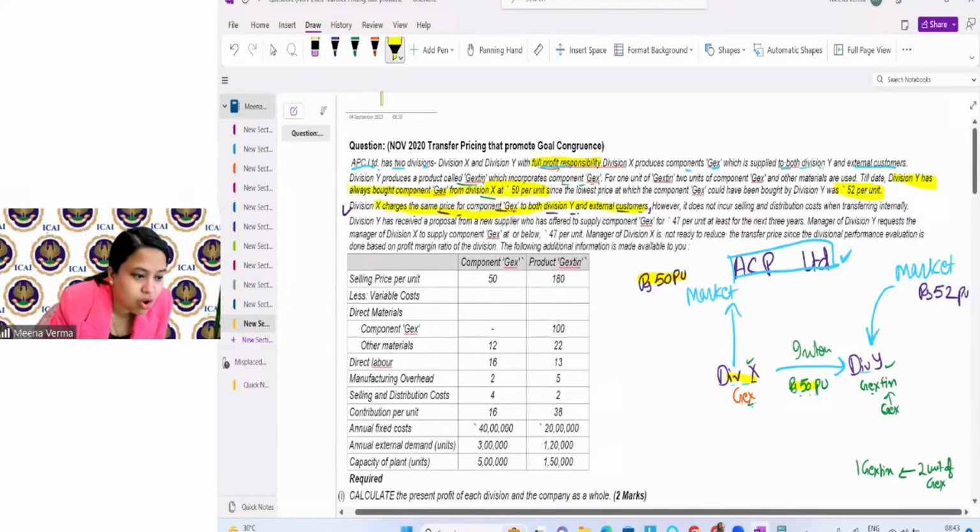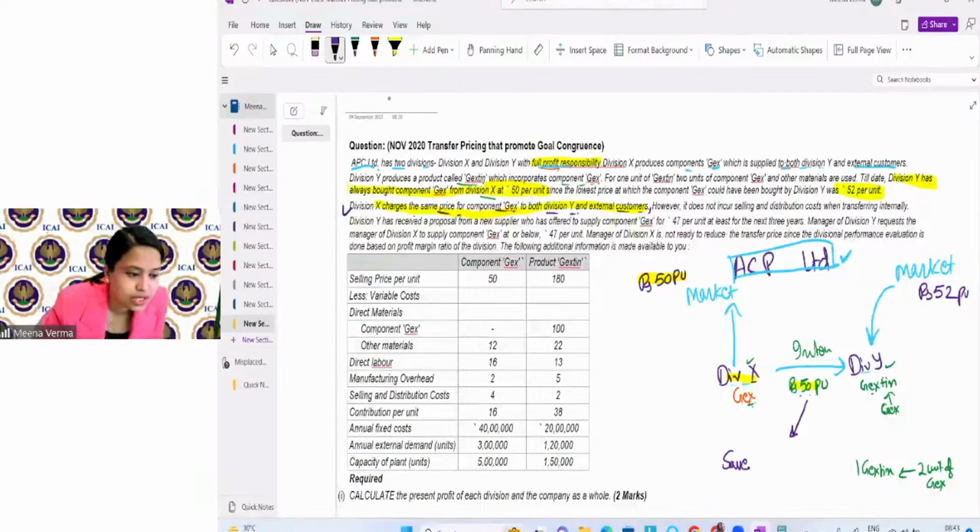However, it does not incur selling and distribution costs when transferring internally. So actually it is given that when they transfer internally, they save selling and distribution cost.